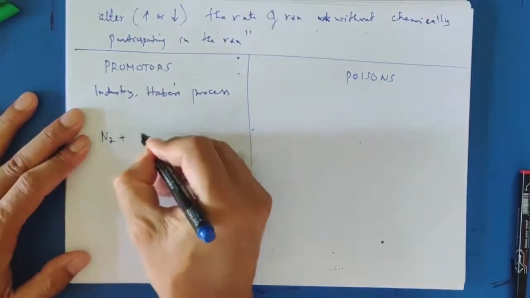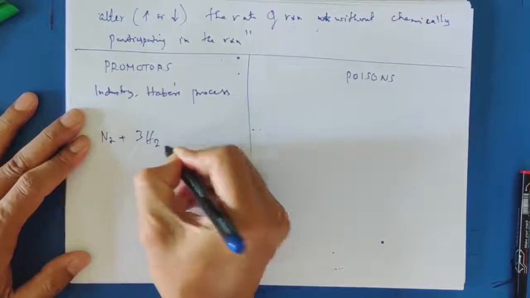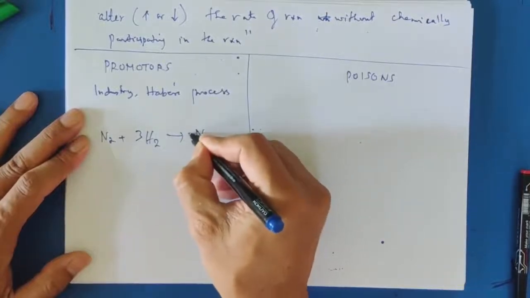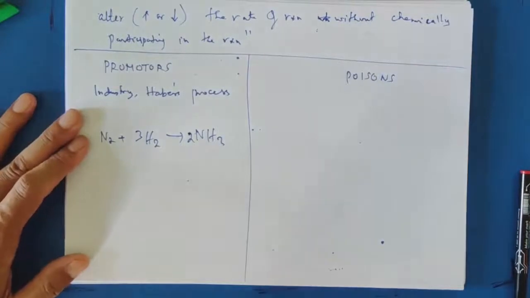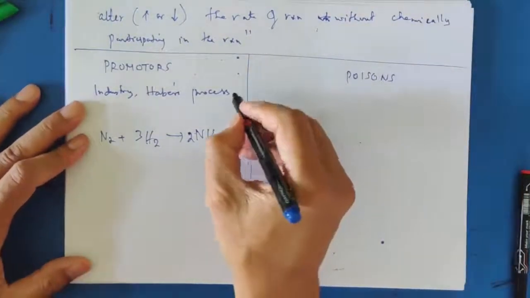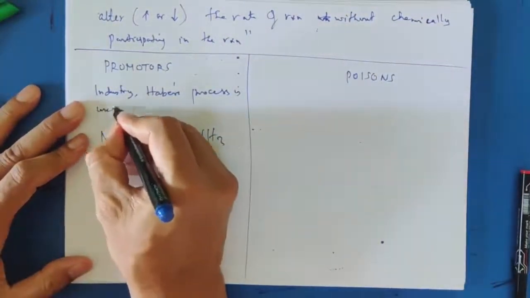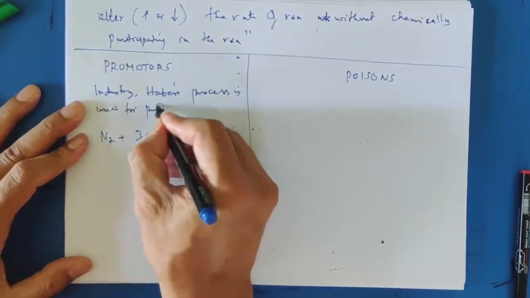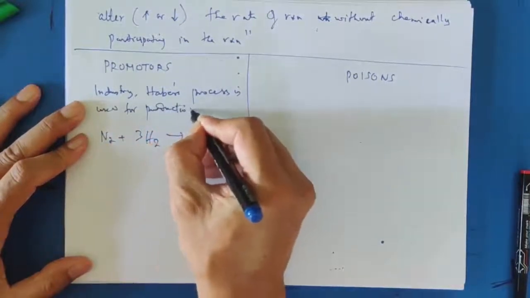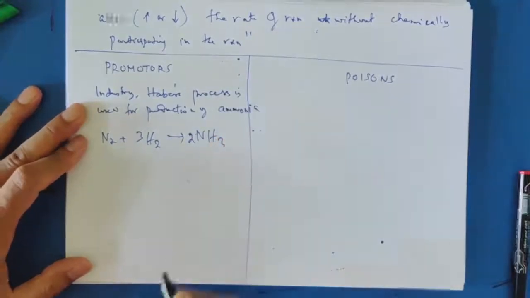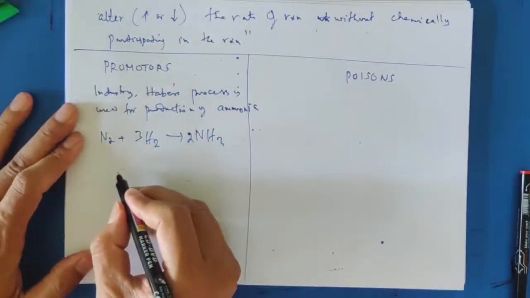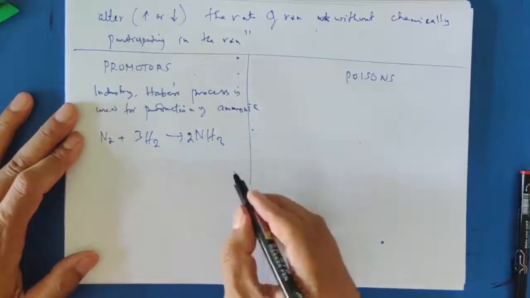Nitrogen and hydrogen produce ammonia. Ammonia is a fertilizer. The Haber process is used for production of ammonia. This is the reaction: N2 + 3H2, balance it.